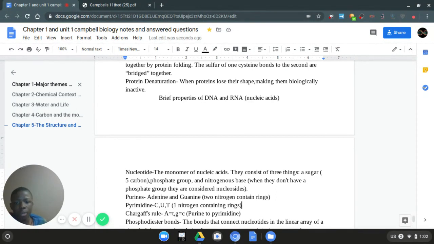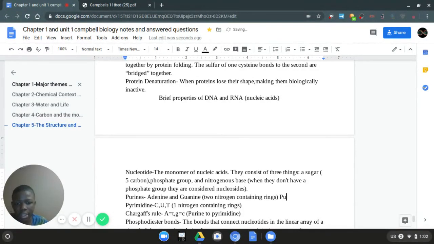And basically, you need to know purines and pyrimidines. Purines are just adenine and guanine, and they have two nitrogen-containing rings. Now, this could be pretty tricky to memorize, but I use a mnemonic that I got from a random video. I don't remember the video, so I can't put the link. The mnemonic is pure as gold, or pure as Ag, silver.